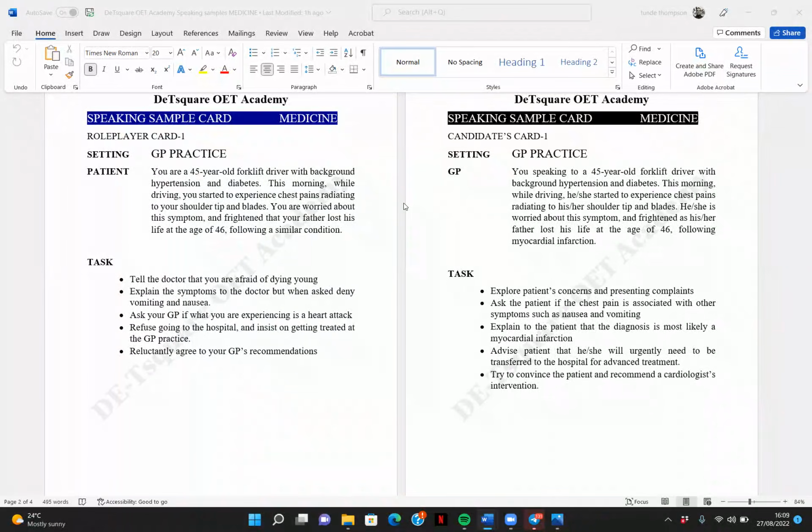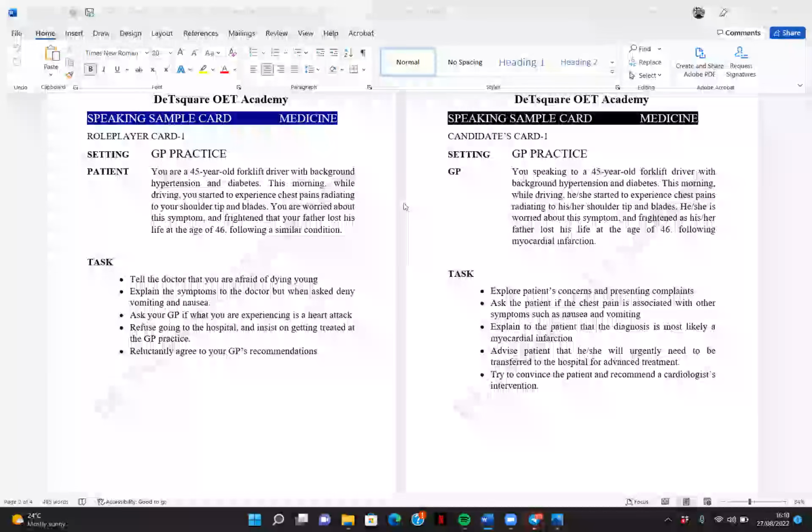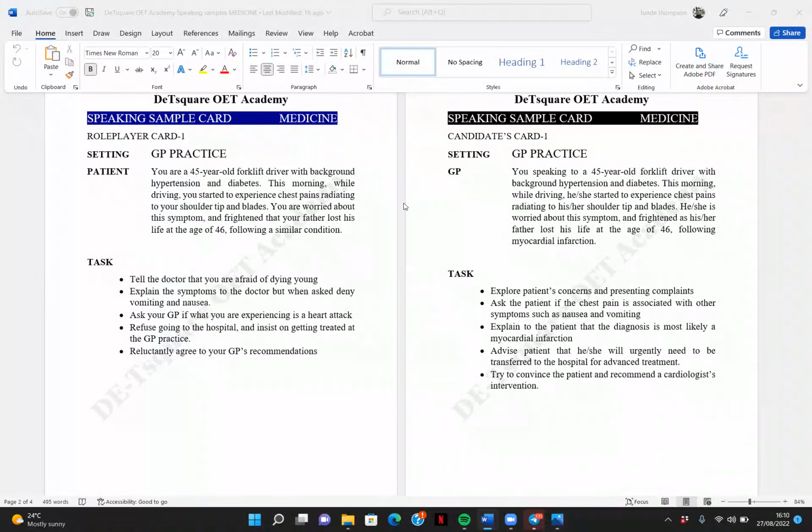Well, doctor, I'm really worried about the symptom that I'm experiencing now, because my father had the same symptoms, and these symptoms actually caused my father's death. Okay, please, can you tell me what the symptoms are?